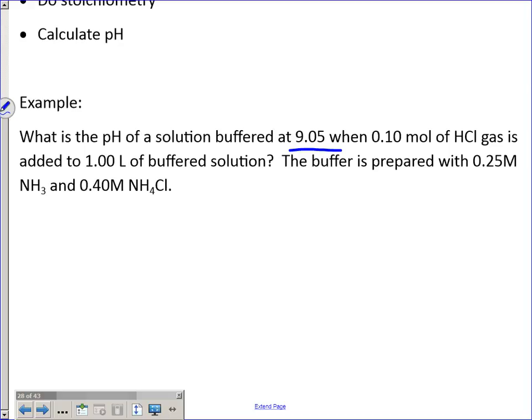And so the conjugate base is used up, meaning it pulls the pH more acidic. Okay, so I want you to think past the fact that we added a strong acid. Really, you decrease the conjugate base moles by strong acid addition, and that's going to create a lower pH or a more acidic pH.